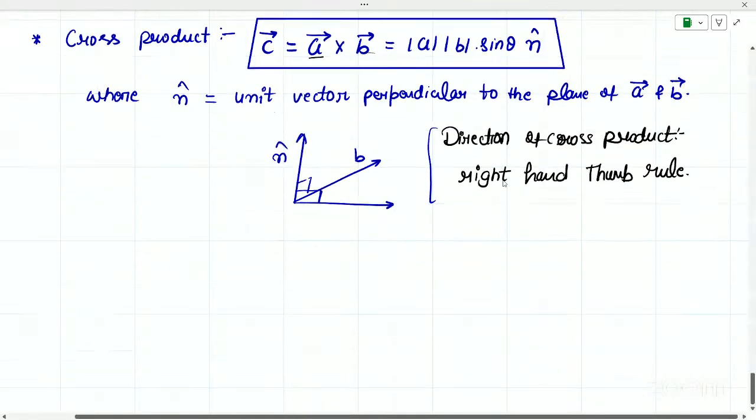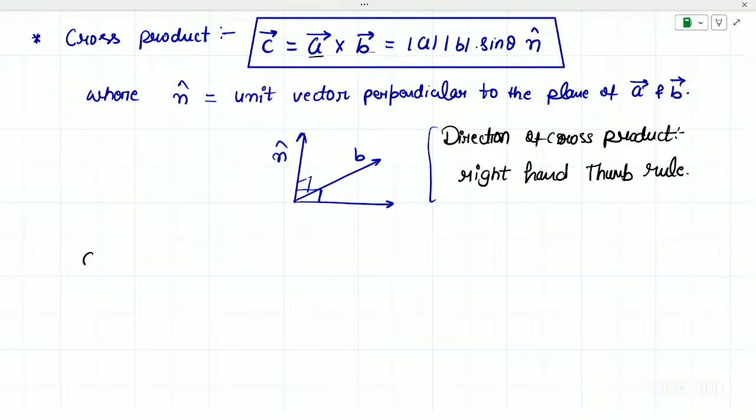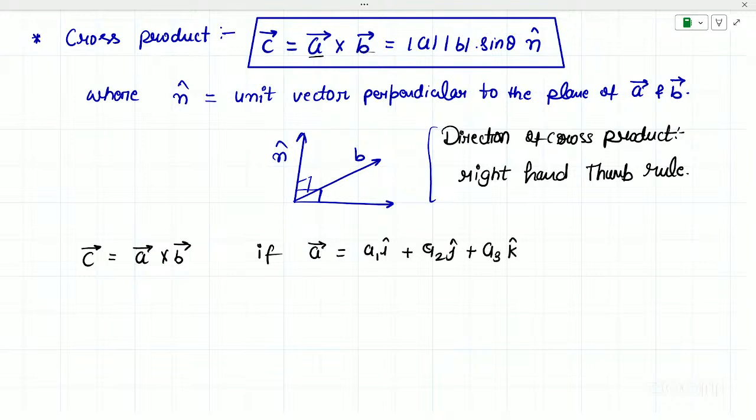Now, there is another method to calculate this C. Let's say C vector is equal to A vector cross B vector. If vector A is given as A1 I cap plus A2 J cap plus A3 K cap, and B vector is given by B1 I cap, B2 J cap plus B3 K cap.